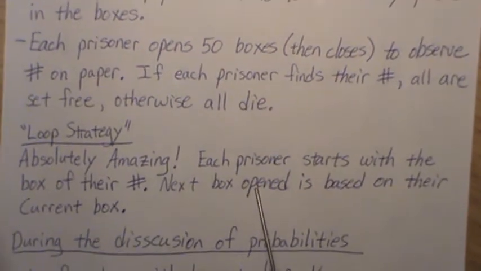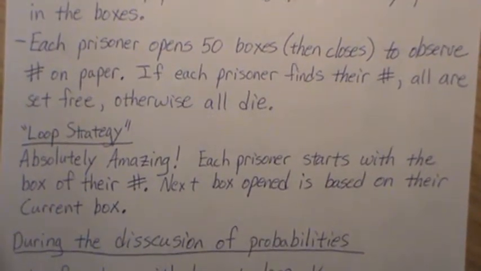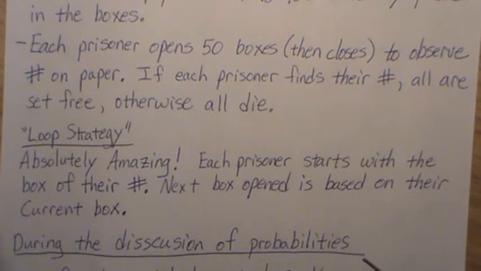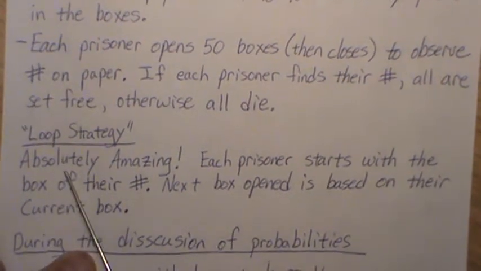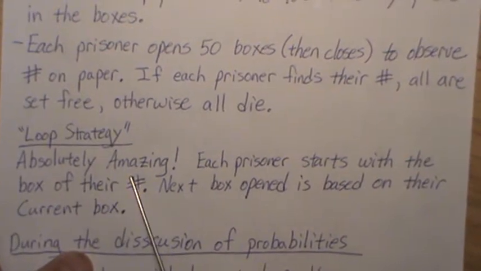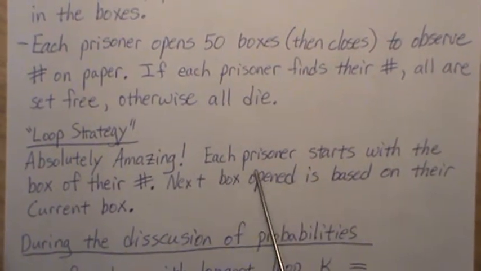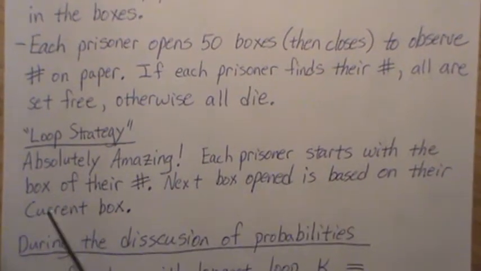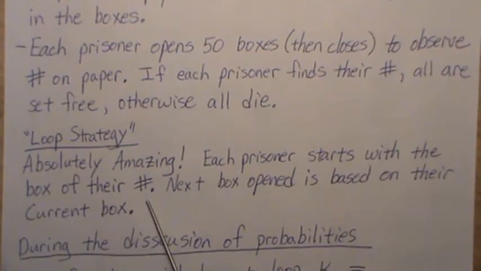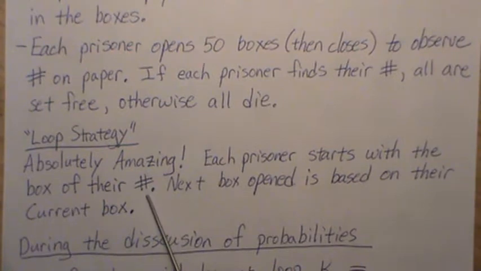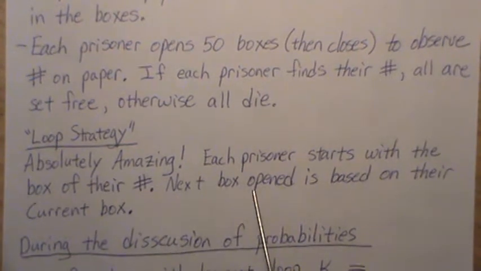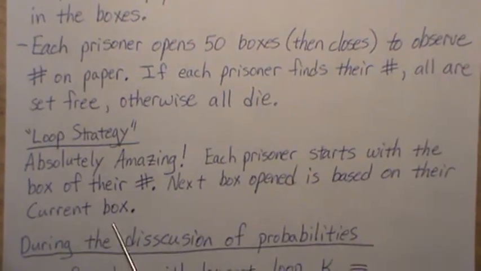Now, the loop strategy increases the probability that all prisoners survive. And I've said this a few times, it's absolutely amazing, this strategy. Each prisoner starts with the box of their number. So the prisoner has a number, they go to the box with that number. Now, the next box opened is based upon the current box.